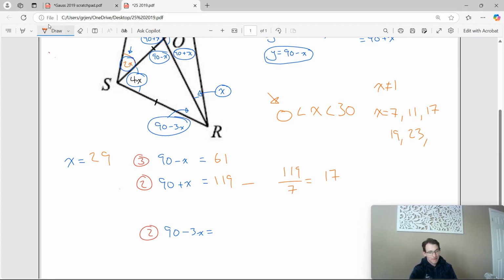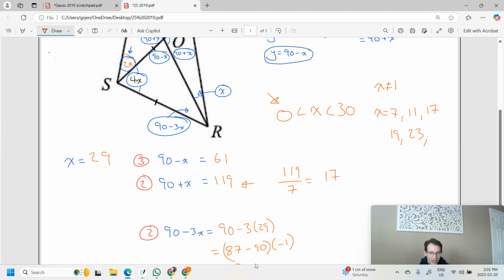So it ain't prime there. But this gives us 90 minus 3 times 29. 3 times 29 happens to be 87. What am I doing? I don't know why I wrote that backwards. Sorry. It worked.